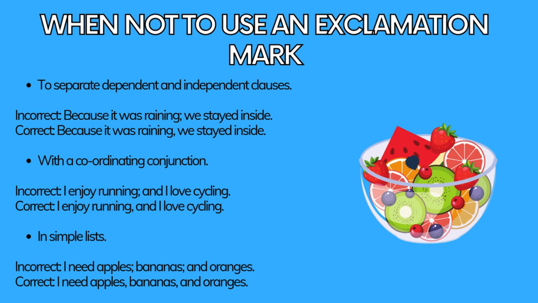So for example, I enjoy running; and I love cycling would be wrong because we have the conjunction and a semicolon. We never need both. The correct way to write that would be: I enjoy running, and I love cycling. Or you could remove the conjunction and write: I enjoy running; I love cycling also.